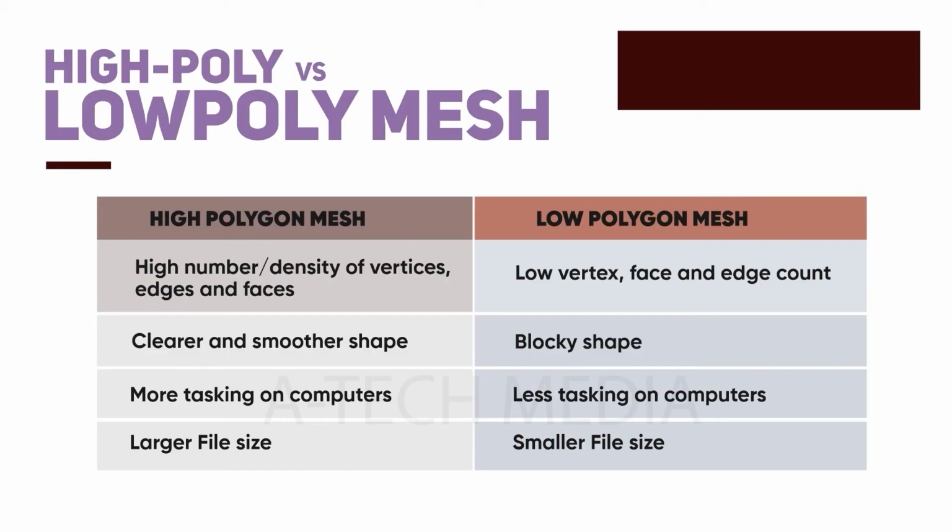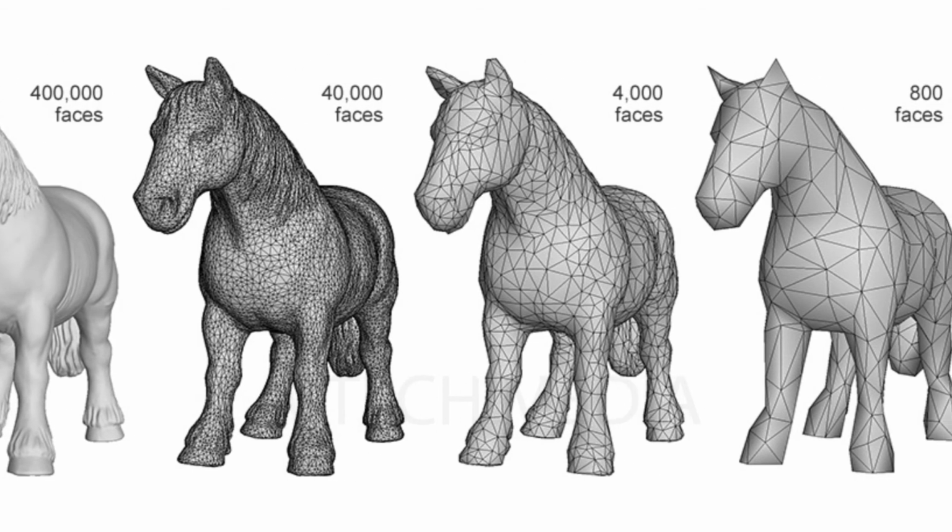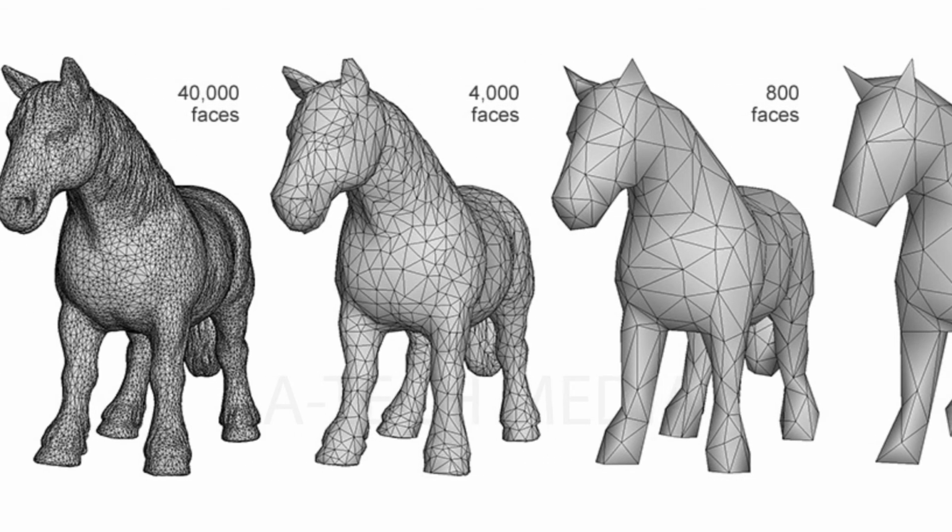So if you're on a low-end computer, I would not advise that you download high-resolution models. Instead, find a way to make lower resolution models, or find a way to manage your polygon density in your scene so that you don't end up hanging or crashing your computer. Yes, higher resolution models look better, but you need to find ways to manage it.